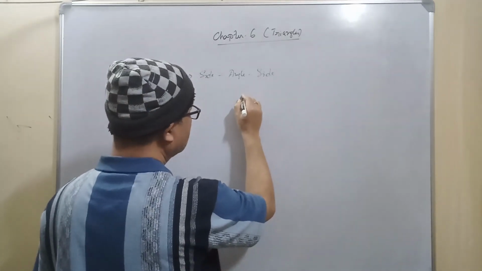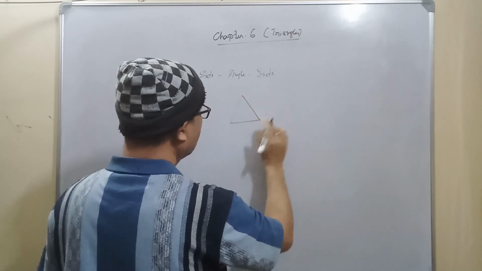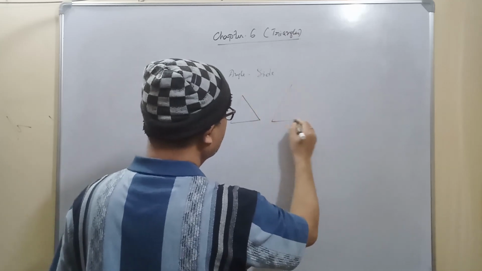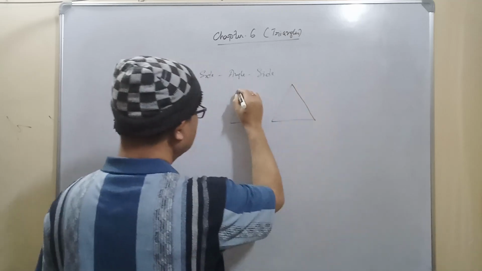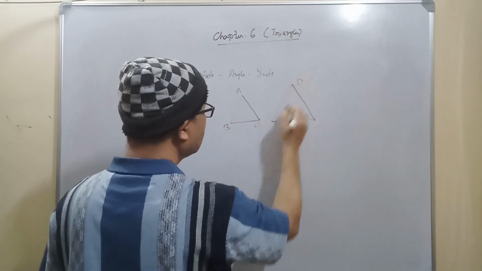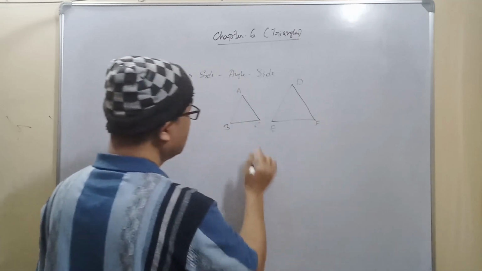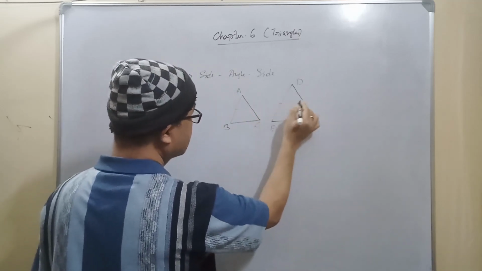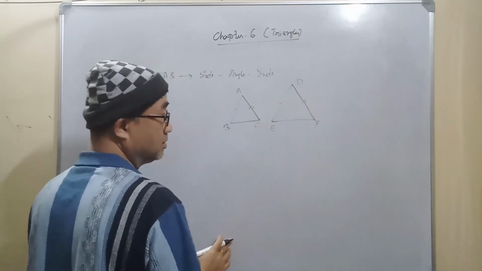Let us draw two triangles. So two triangles are said to be similar if two of their sides are in proportion.